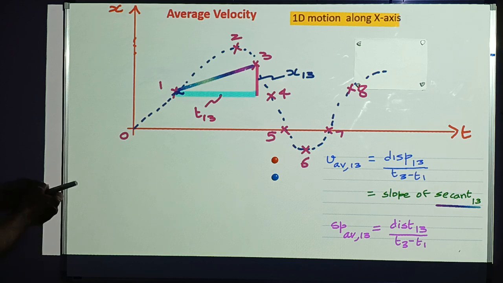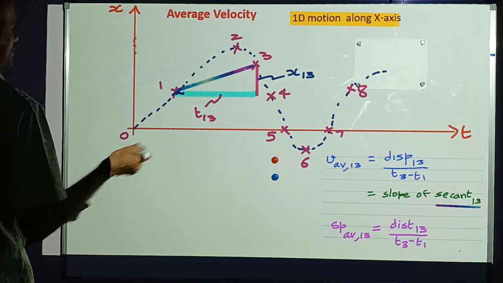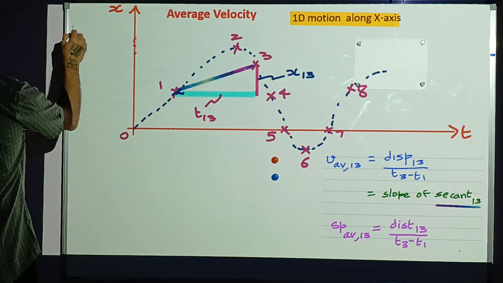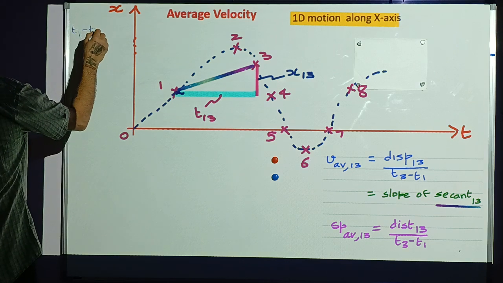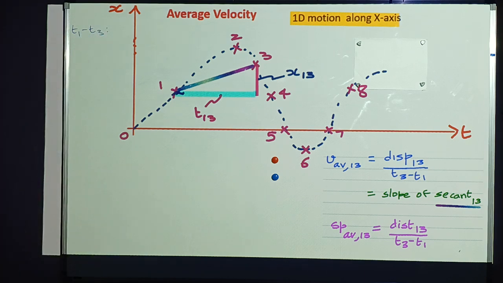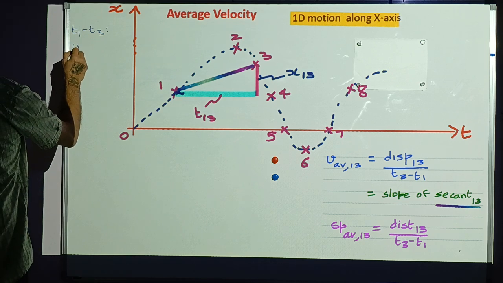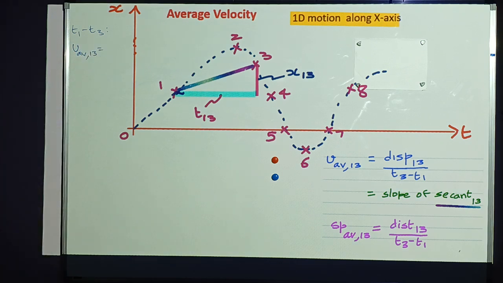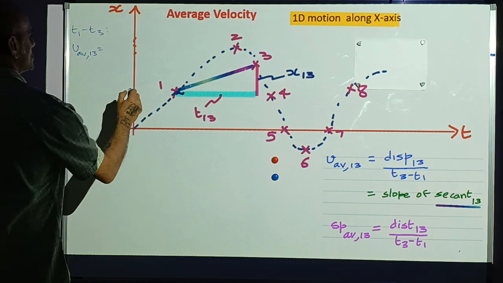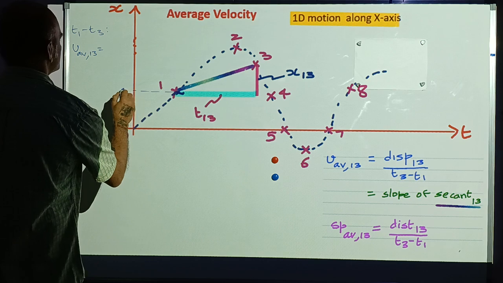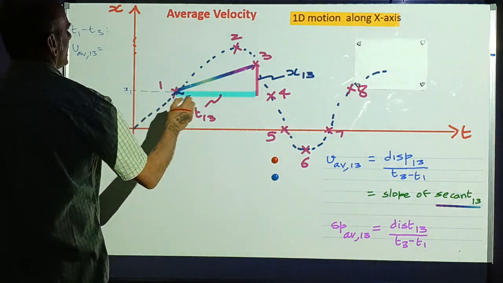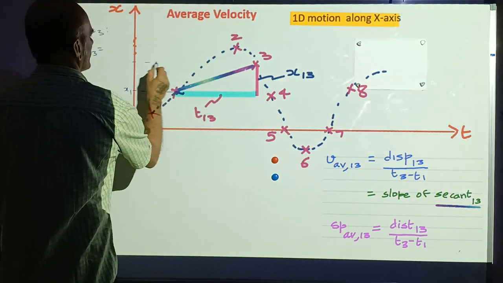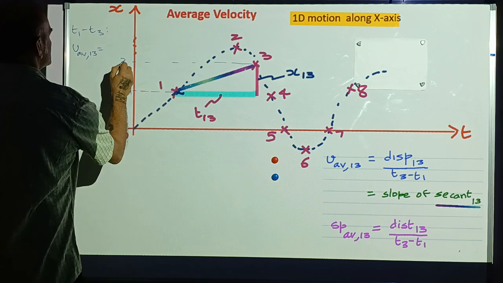Average velocity is defined between two time instances. So if we take, for example, the time interval between t1 to t3, for this time interval, one can define the average velocity. Let me call it v average 1, 3. So it is the displacement done during the time 1 to 3. So at time t1, this much is x1, it is here, and at time t3, it is here. So this is x3.